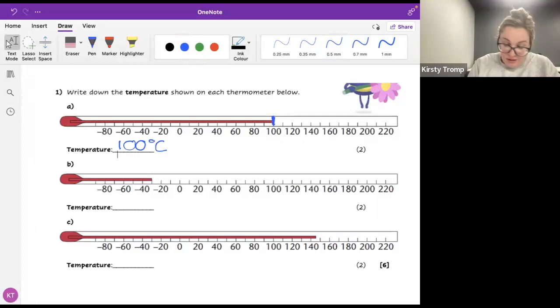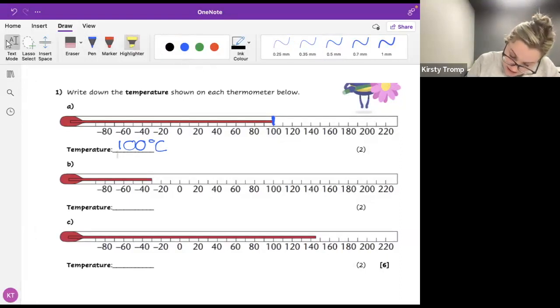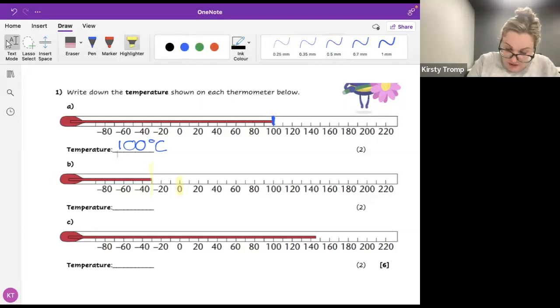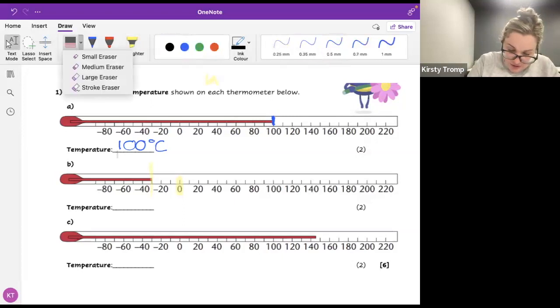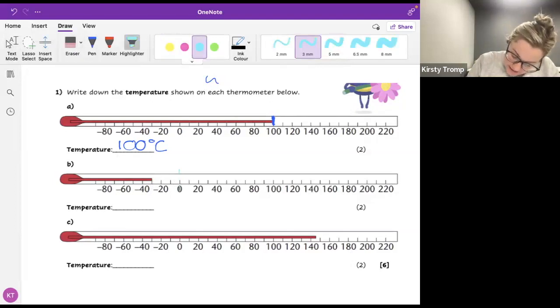Number 2 is a really nice one for us to stretch our maths muscles. Here is the number 0 over here, and if we look where that line is finishing, it's finishing up over there. If we're reading that correctly, that means our number lies below 0.